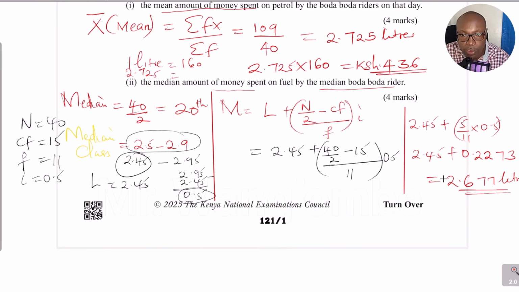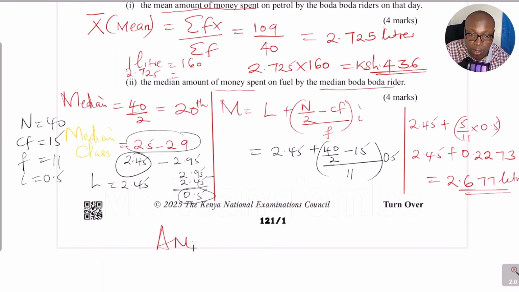So what we have is the median fuel. This is the amount of liters consumed by the median boda rider. But we have not yet got the amount. Now what we need to get is the amount.